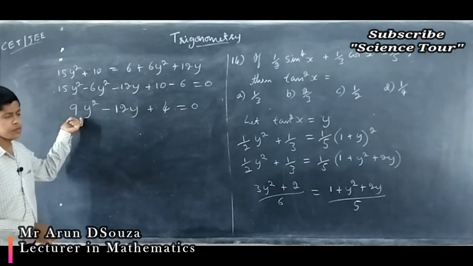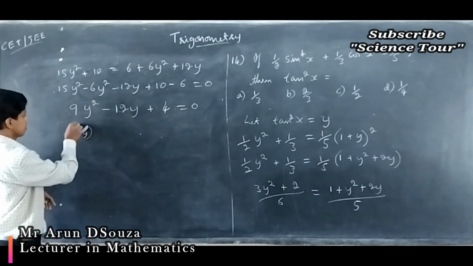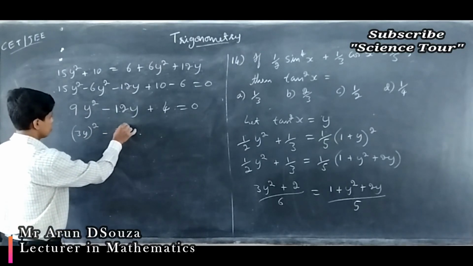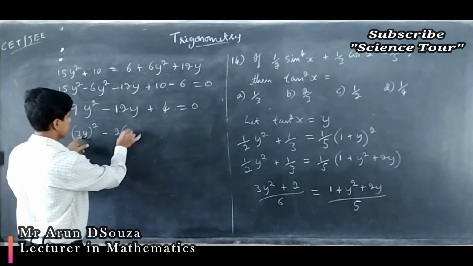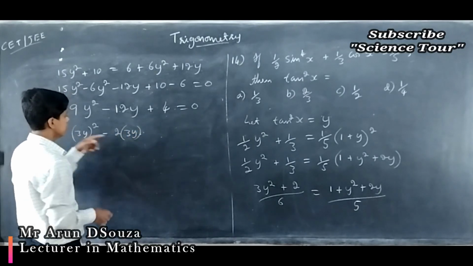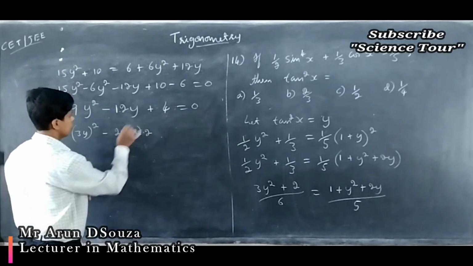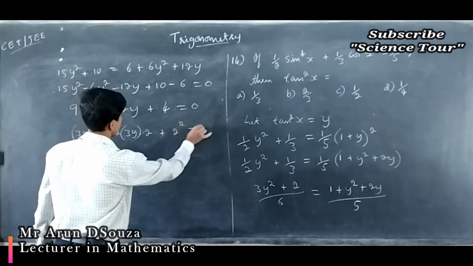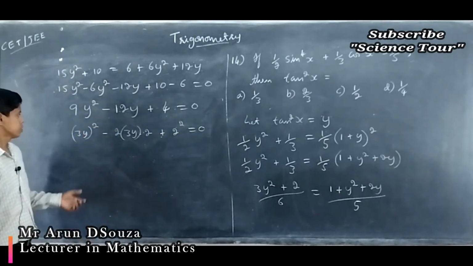So this can be written as 3y the whole square minus 2, a is 3y and b is 2, so 2ab is 12y, correct, and plus 2 square, is it not?